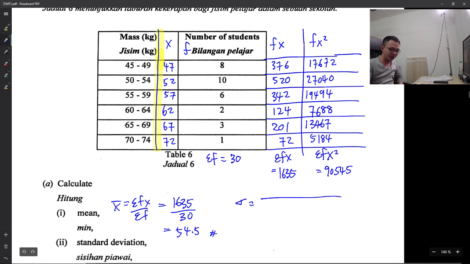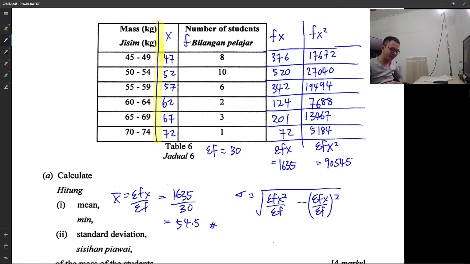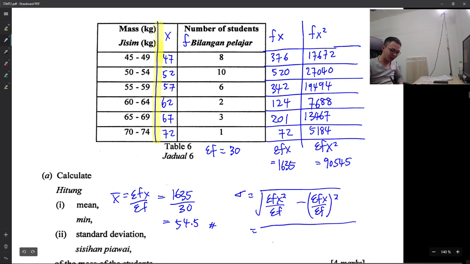Alright, then the next thing is I want to find the standard deviation. The standard deviation formula is square root of sum of fx squared over sum of f, minus sum of fx over sum of f, squared. So therefore, I will just plug in my values. Square root of 90545 divided by sum of f, which is 30, minus the mean we just found, 54.5, squared.